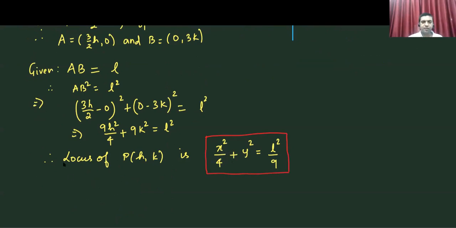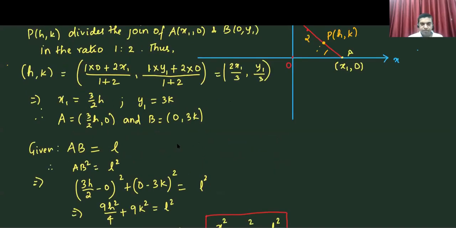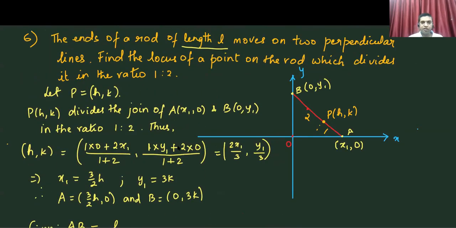All right. So this will be like this. Go through this problem. This is a very important and typical problem. What did we do? First, we marked this point P as (h, k). Then we assumed the points on the x-axis and y-axis appropriately.